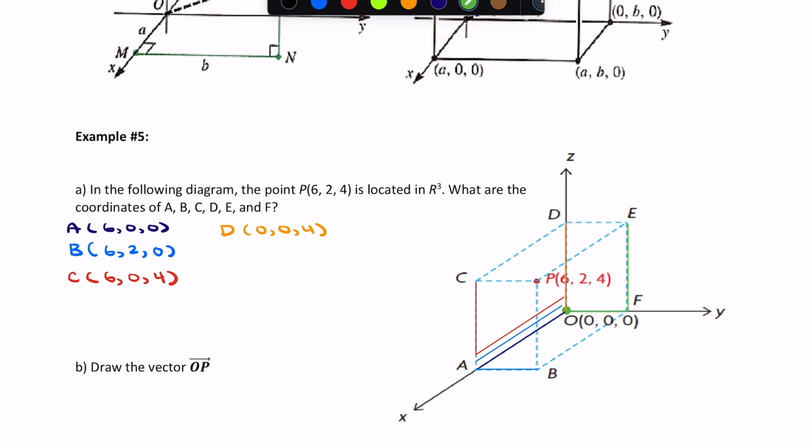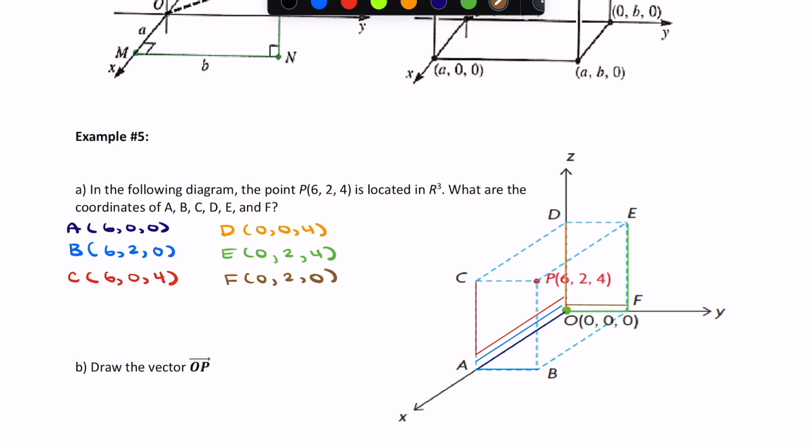So again, for E, no movement on the x-axis, 2 units on the y, and 4 units on the z. And then finally the F here, again, no movement on the x, only moves on the y, and no movement on the z-axis. So here, again, it would just be 0, 2, and 0.